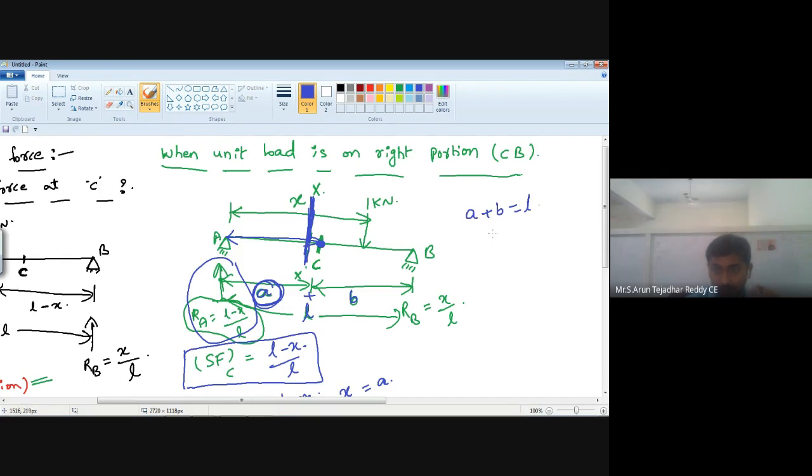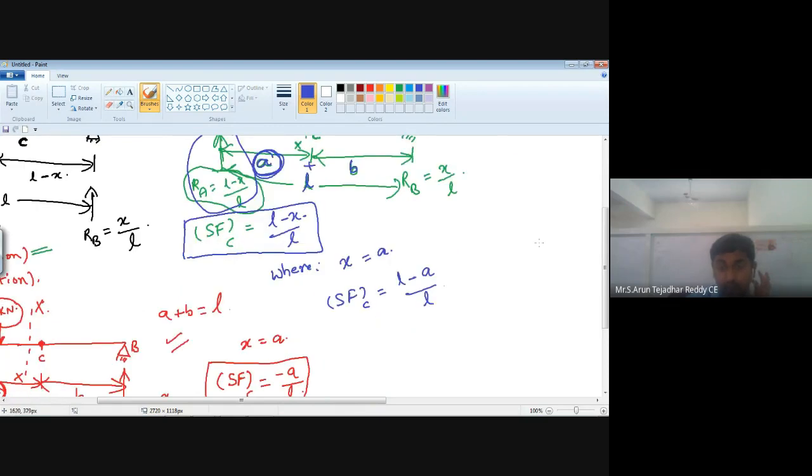So here I can write b is equal to L minus a. It means in place of L minus a, I can substitute the b value, where shear force at C is equal to (L minus a) by L, that is b by L.